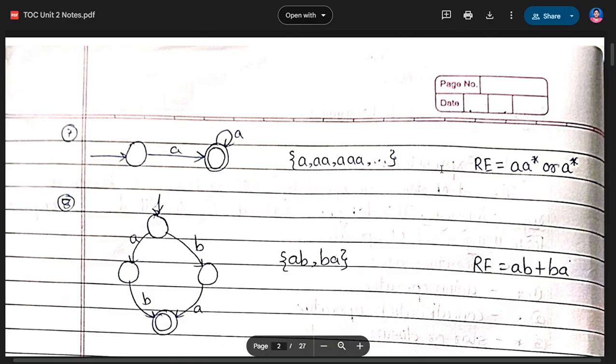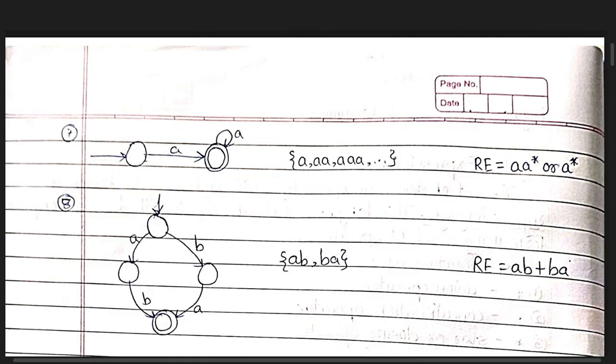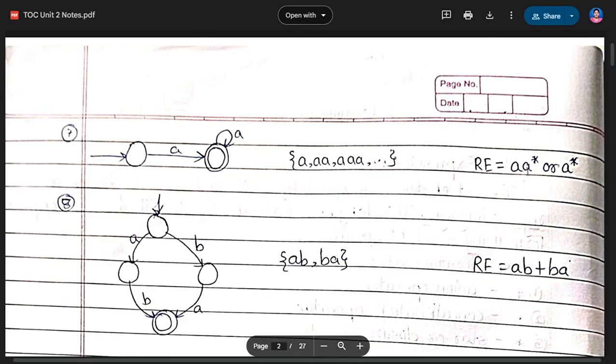So we will write it as A star. The answer may be this, so we write it as A star.